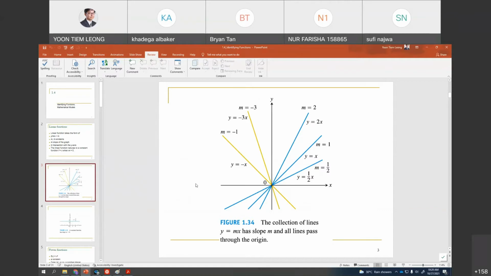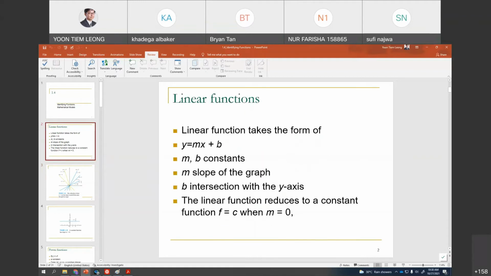This is a collection of examples of linear functions where the slopes are different. For example, this function has a slope of 1, and this one a slope of 2, and all the functions shown in these slides have an intercept b equal to 0.